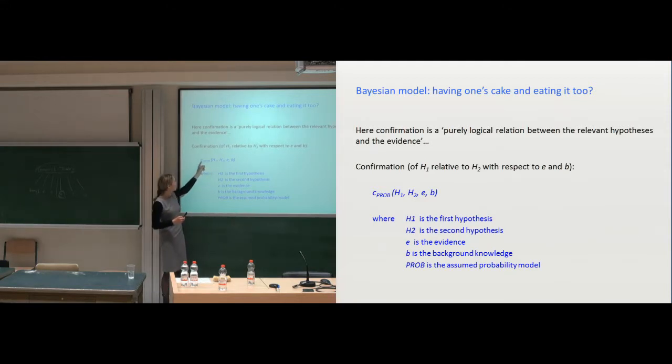So confirmation with respect to a particular probability model, we might be comparing two hypotheses, H1 and H2. It just depends on those two hypotheses, the evidence and your background knowledge. Those are the only arguments you need for your confirmation function in the Bayesian case.